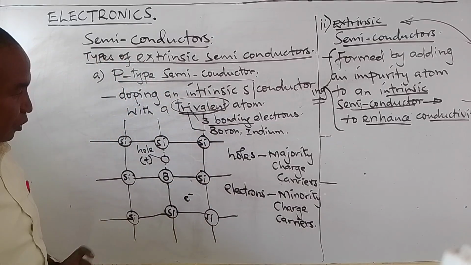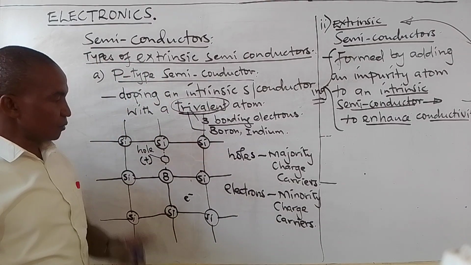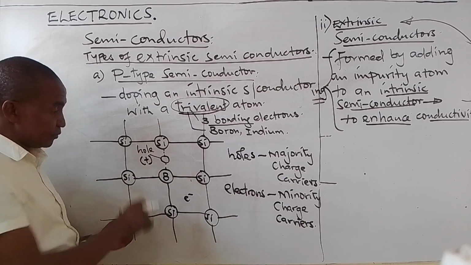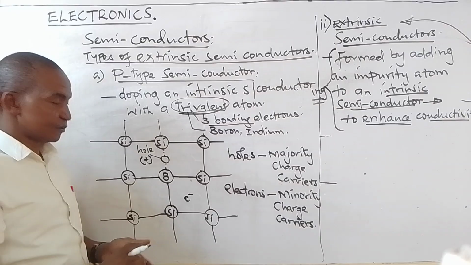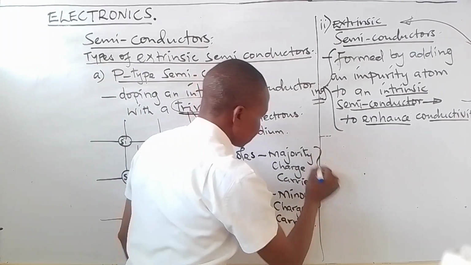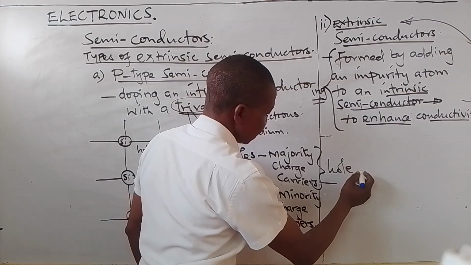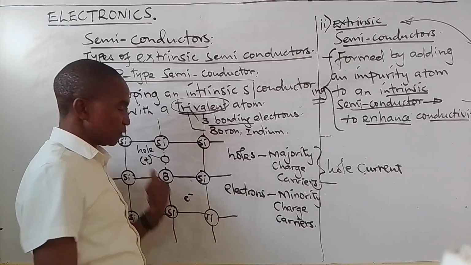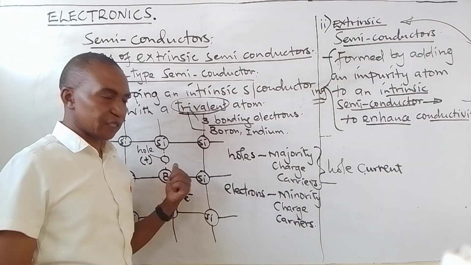So in a p-type semiconductor, the holes will move around. We shall see how they move, resulting in what we call hole current. We have seen holes are considered positive. Current is the flow of charges.